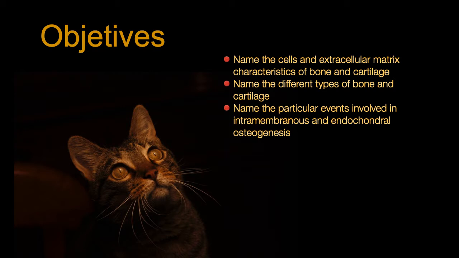So here we have the objectives of today. This is going to be split into two lectures. First we will review the bones and the bone tissue, and then we will review how the bone is made. That is called osteogenesis, and just a few slides on the cartilage, which is a bit more simple.